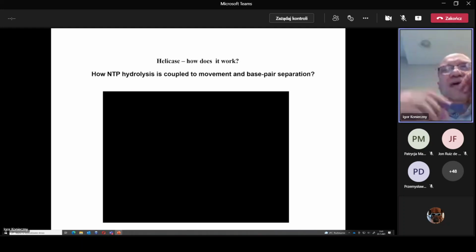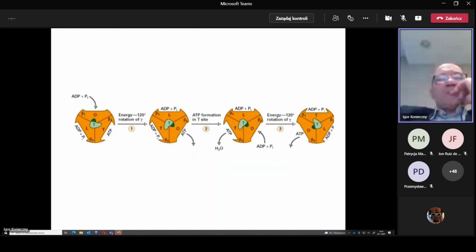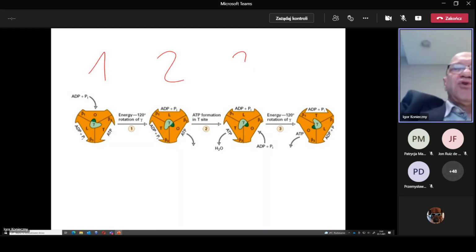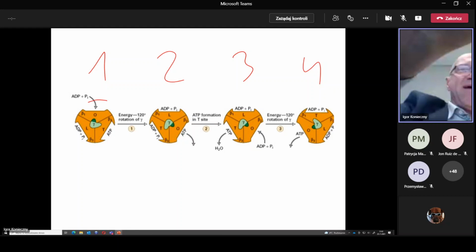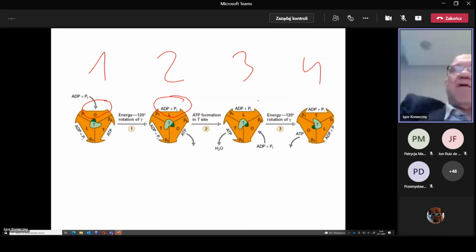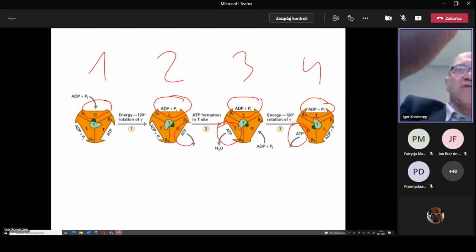Yes, and once again. So we have stage reactions 1, 2, 3, 4. We have empty, bound by ADP. The ADP, changing of the conformation and ATP synthesis, and then it would be released. So we have open structure, bound by ADP, bound by ATP, ATP released, ATP present, and rotations of subunits.